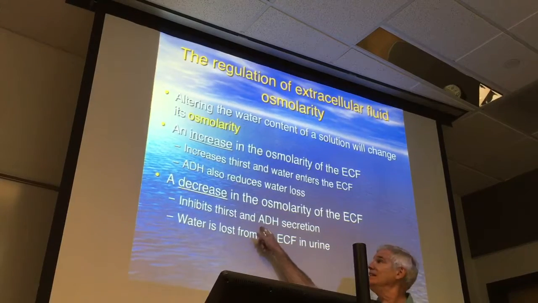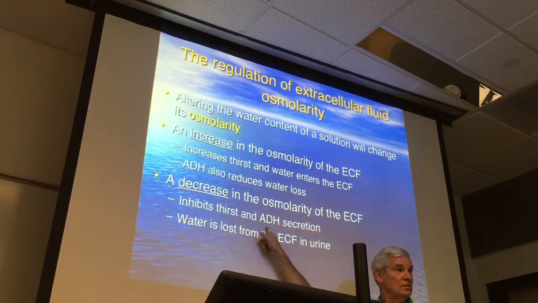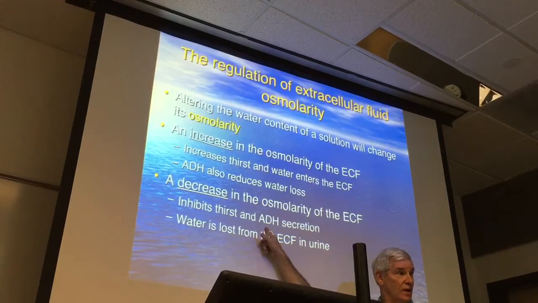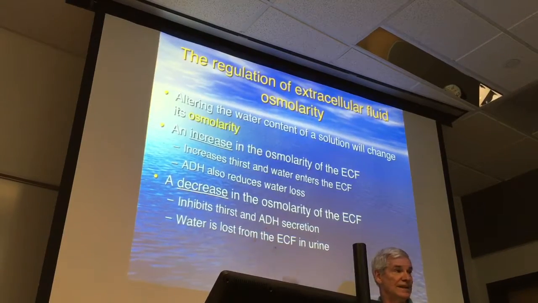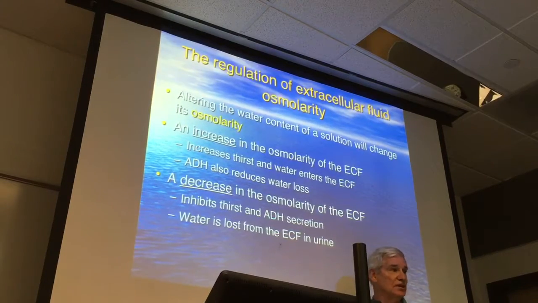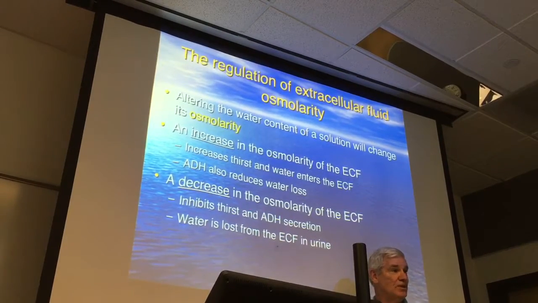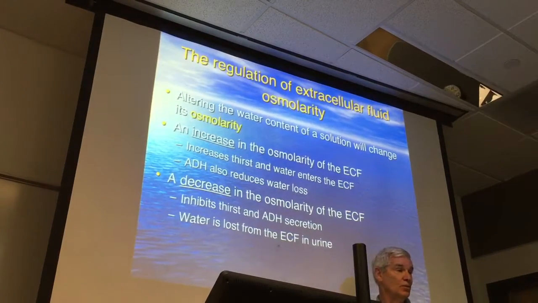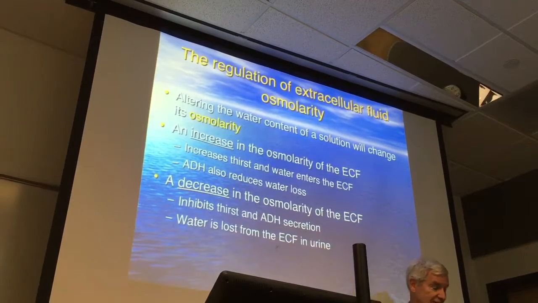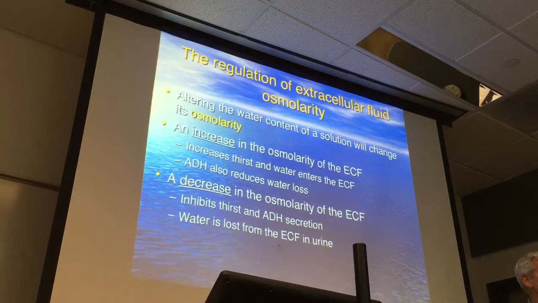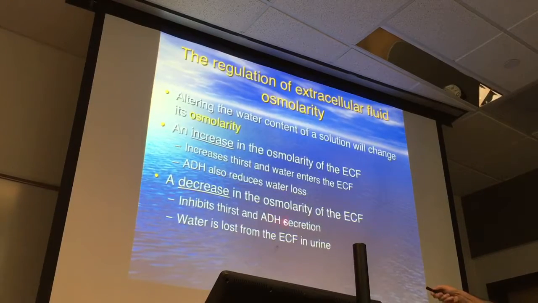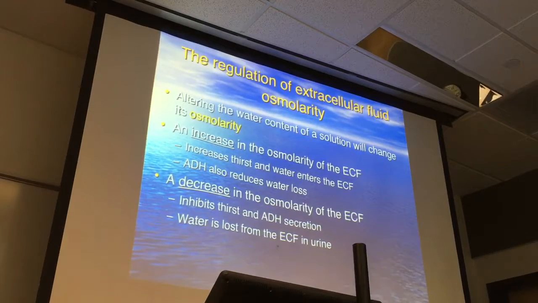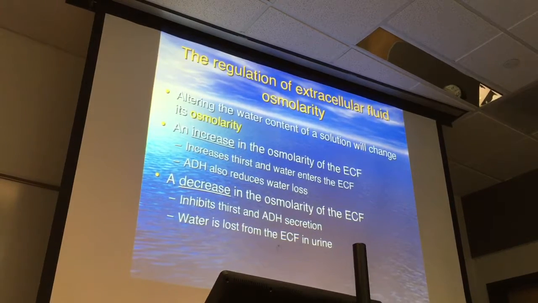So it's going to decrease ADH, and you're going to lose a lot of water. So if you're drinking shots, you're going to be thirsty. Drinking a bunch of beer, you're going to be losing a lot of water, and you won't be thirsty. It's just the nature. So remember, alcohol itself will repress or inhibit ADH secretion, which means you're going to have a large volume of urine. Just little facts.